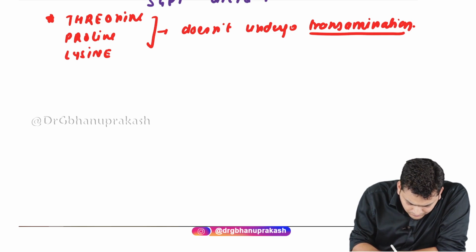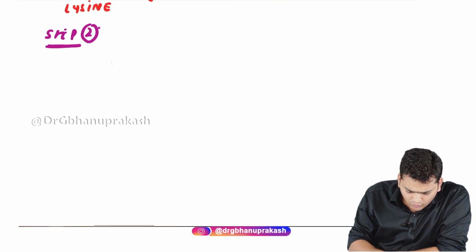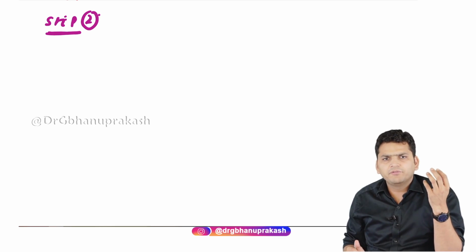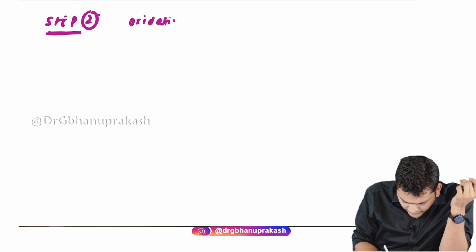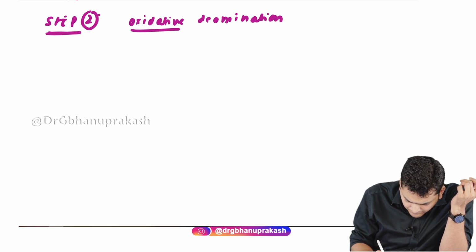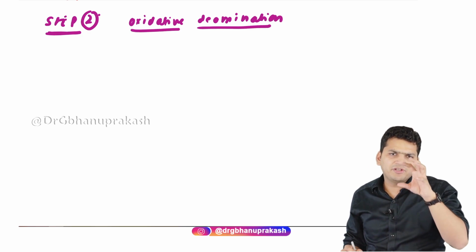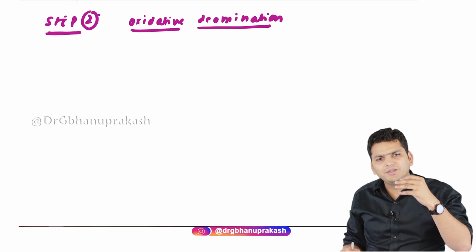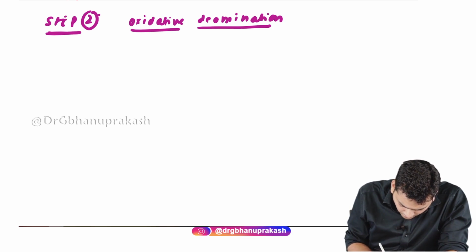Then comes step number 2, which is oxidative deamination. The reason it is called oxidative deamination: deamination means removal of ammonia, and oxidative means it occurs in the presence of oxygen.